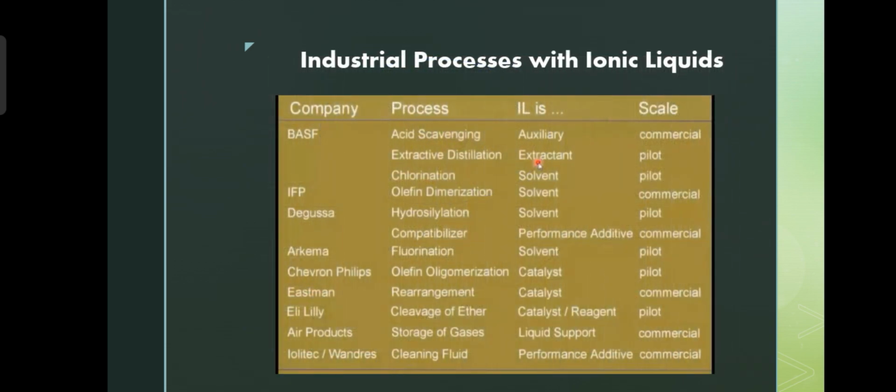And here is the industrial process of ionic liquids. There is a company, and the process through which they form the ionic liquid, which type it is, and what types they form. And the scale is there, you can say pilot, commercial, etc., whether they are made for their own use or for commercial purposes, to sell.